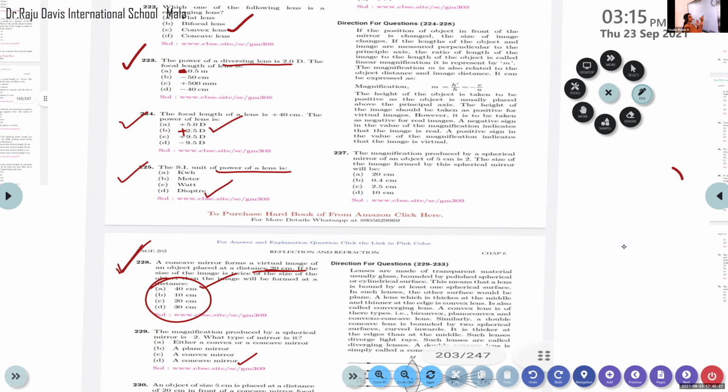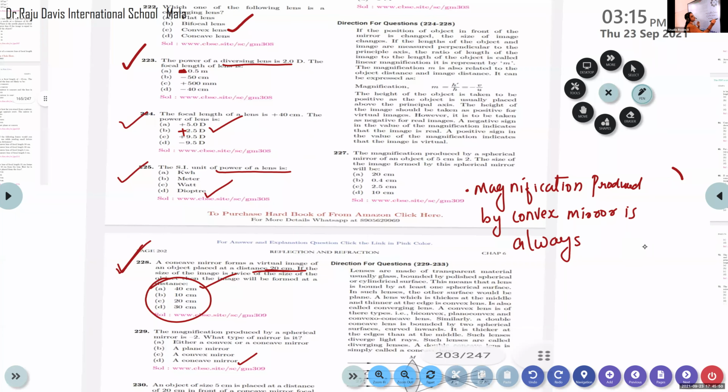Write this reason: magnification produced by a convex mirror is always positive.